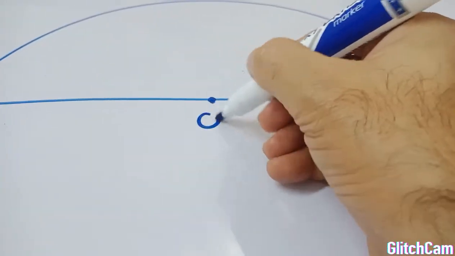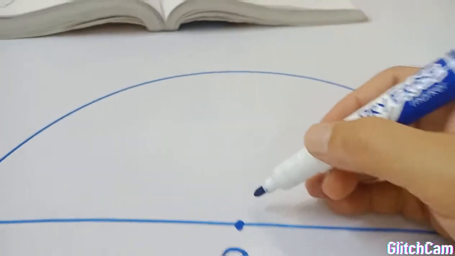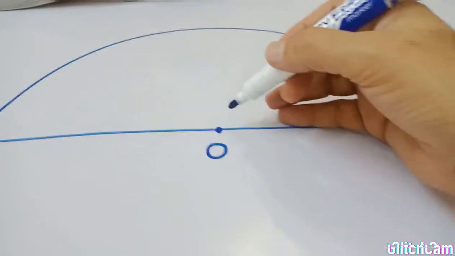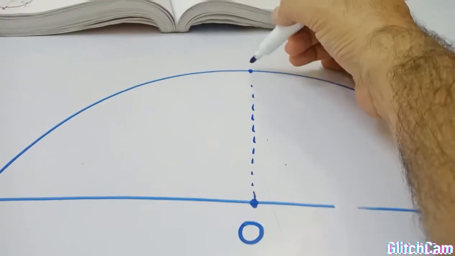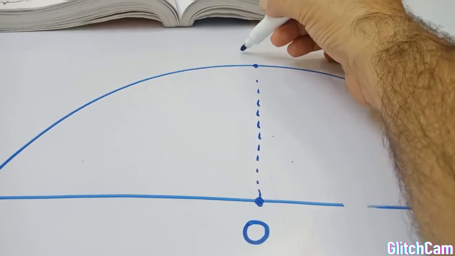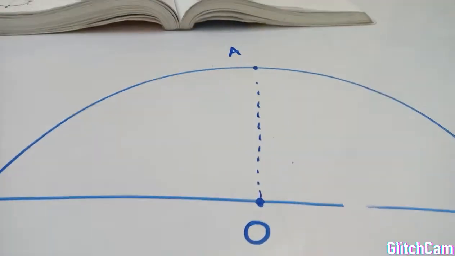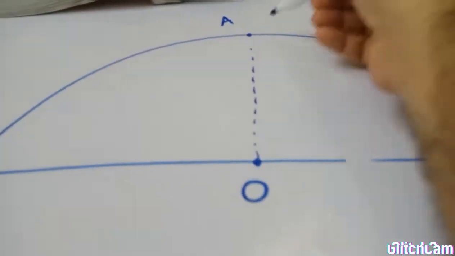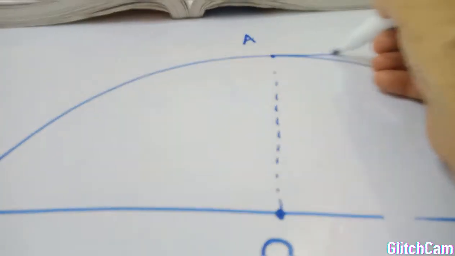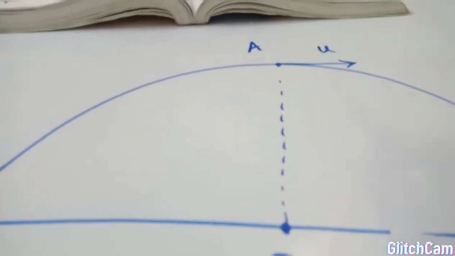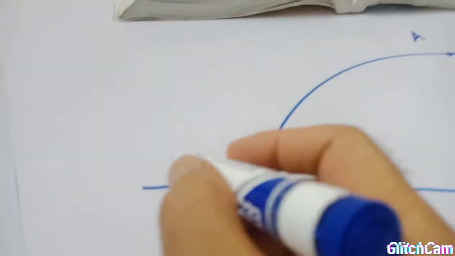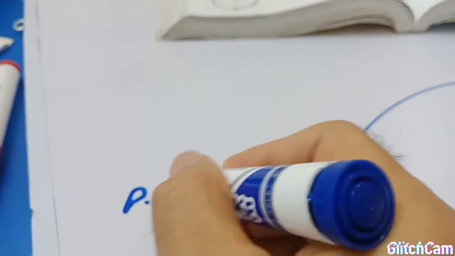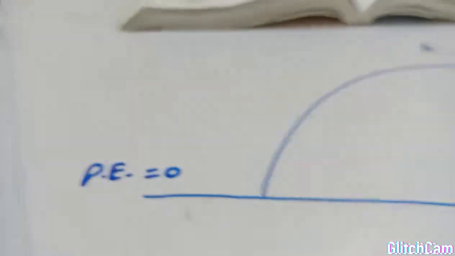Let me call this point O, and here is the initial position from where we're going to drop the particle. Let me call this point A. This is the initial velocity, which is u. This is the level at which the potential energy is equal to 0.